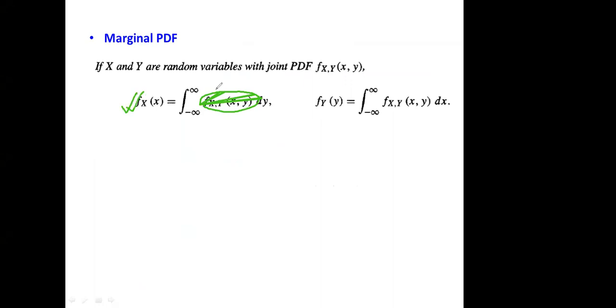If I take a particular variable taking all the values of y, then we get fx. When I take all the values of x, then I get fy. So our idea is to find the marginal PDF, and we have to integrate from minus infinity to plus infinity over one variable. Then we will get the PDF of the other variable.